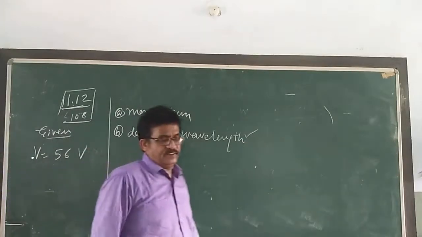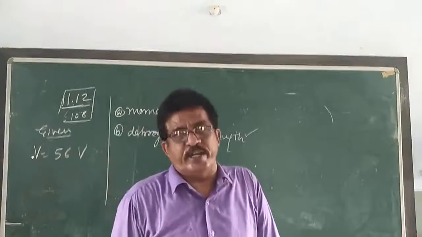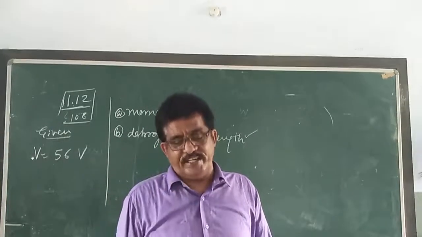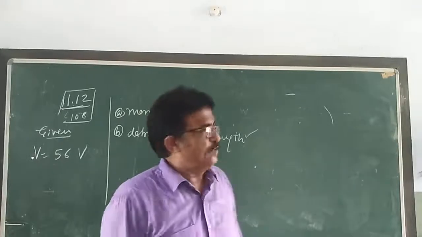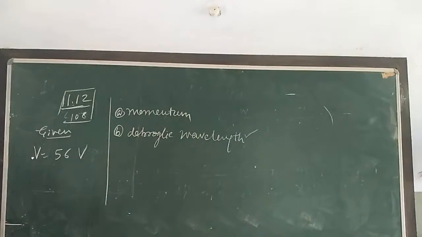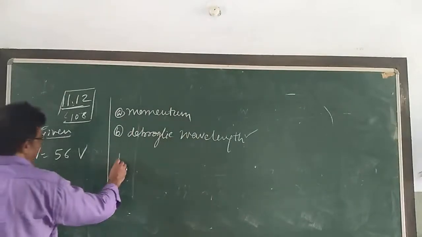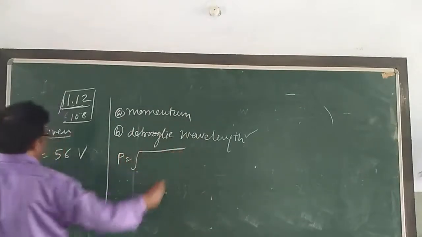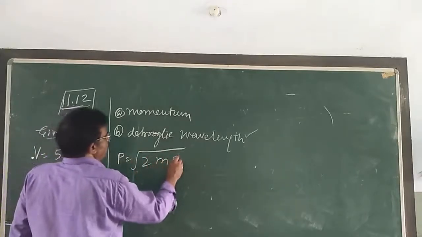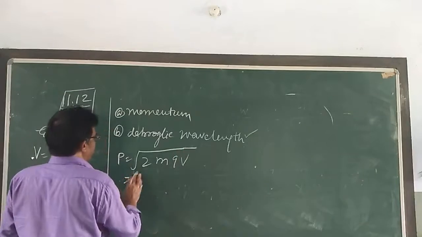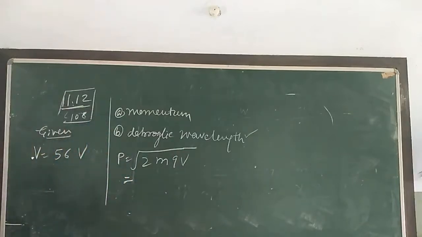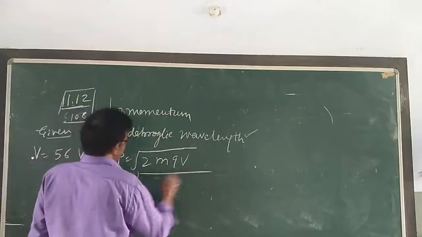Again, if you want to solve this question, you should know the formula. Okay, so what is the formula for the momentum? Momentum of the electron, that is p is equal to under root of 2mqV. This is our formula. Now, put all the values here.